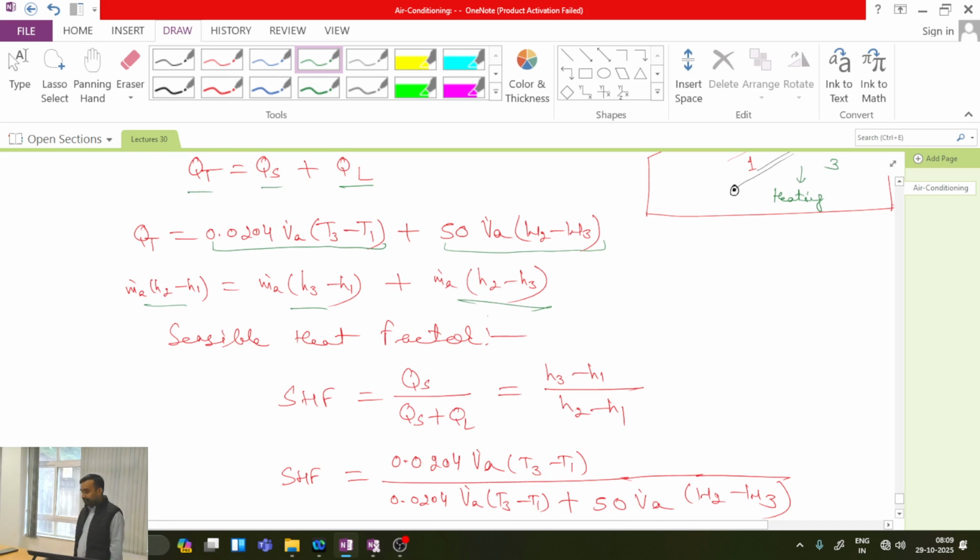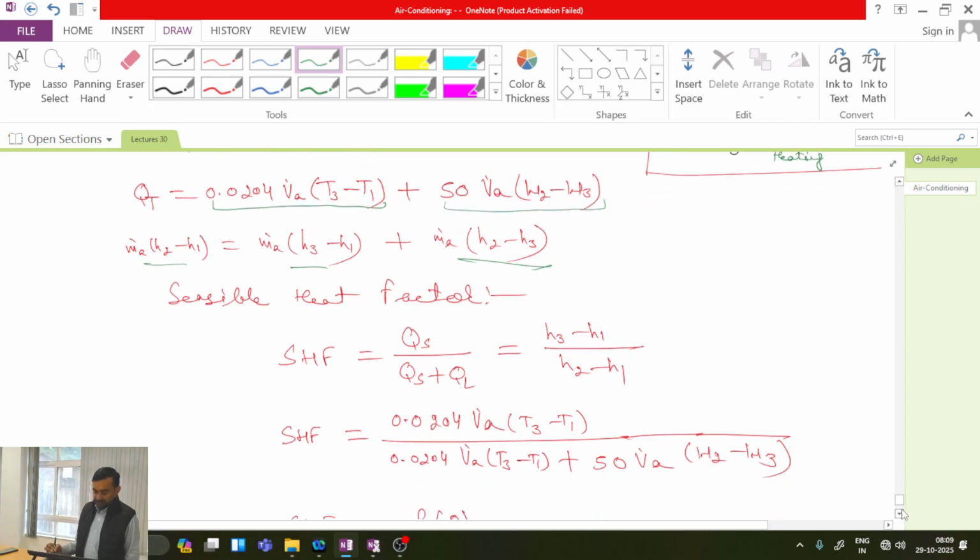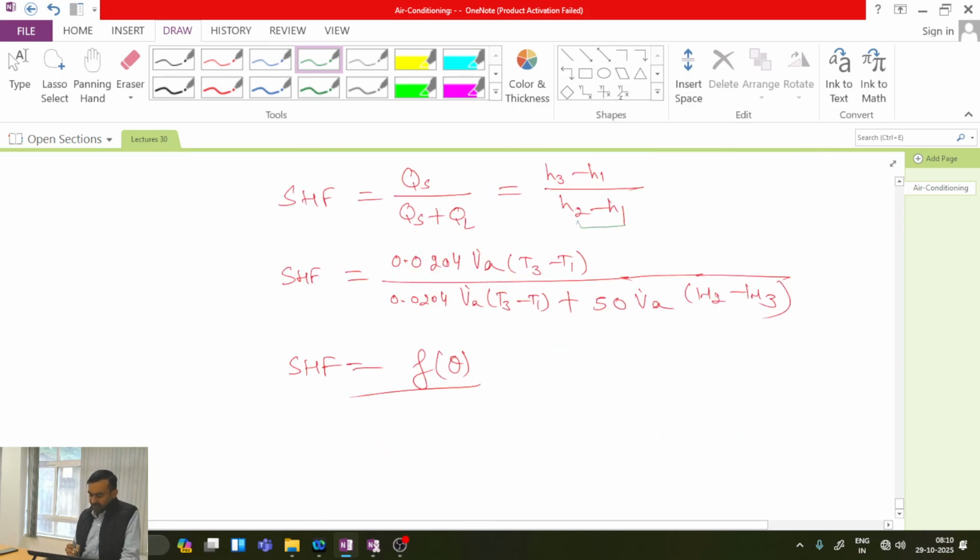Is this one clear? Now I told you one important point, the sensible heat factor. Okay, so sensible heat factor is typically given as Qs divided by (Qs plus QL), which is sensible load divided by total load. So total load was H2 minus H1. If I try to write it in terms of the approximate equations, it becomes 0.0204 V̇A into (T3 minus T1) divided by the sensible plus latent load.